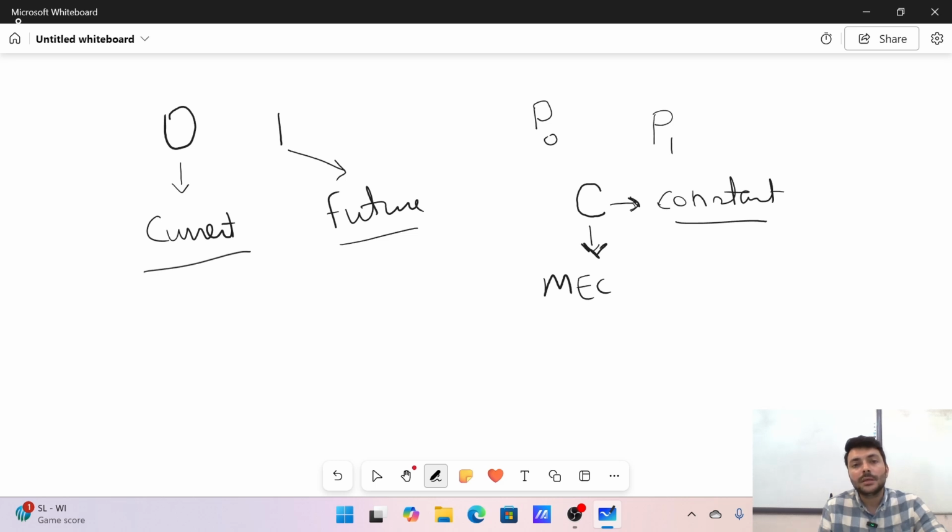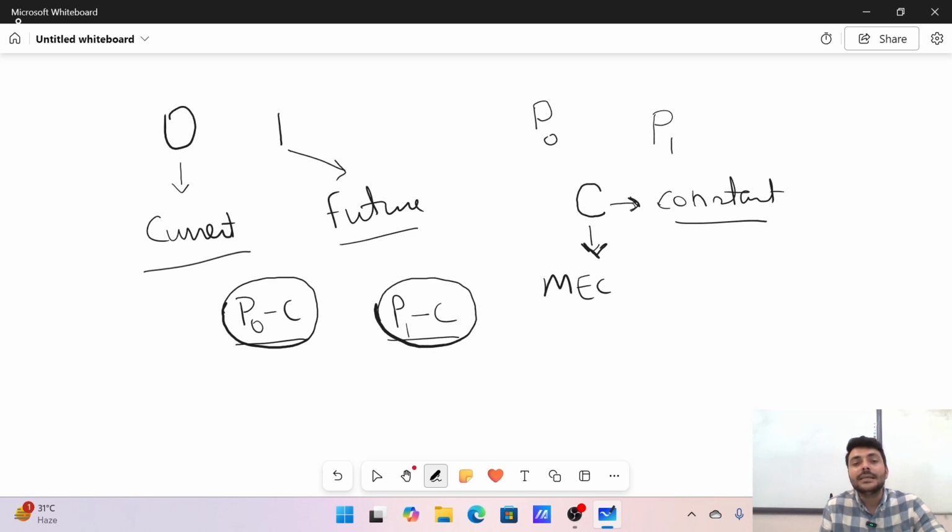So the return which could be earned in the present time period is P0 minus C, and the return which could be earned in the future is P1 minus C. If the producer decides to extract 1 unit today and sell it, then the overall earning of the producer would be what he is earning in the present time period minus what he is foregoing in the future, because he is foregoing this return by extracting the unit today and not in the future.